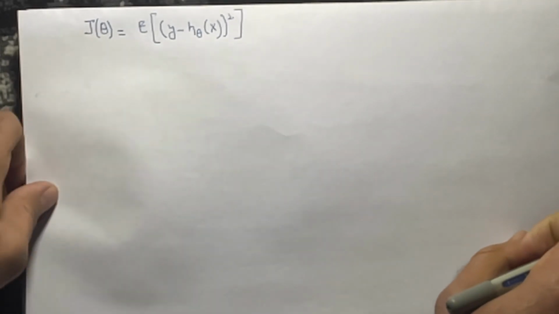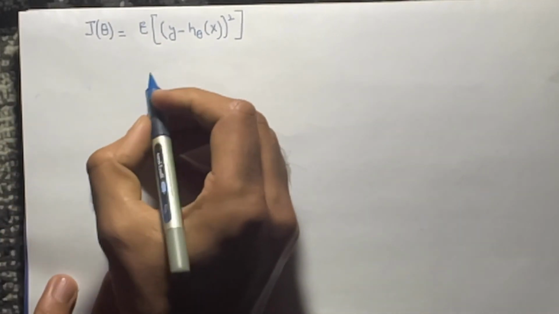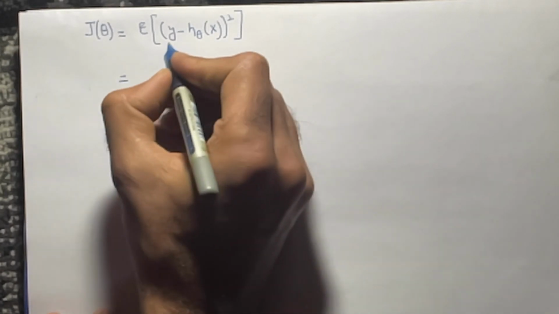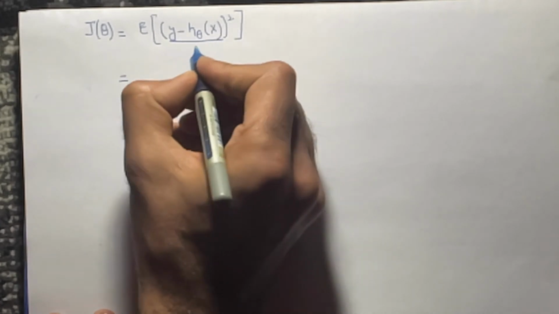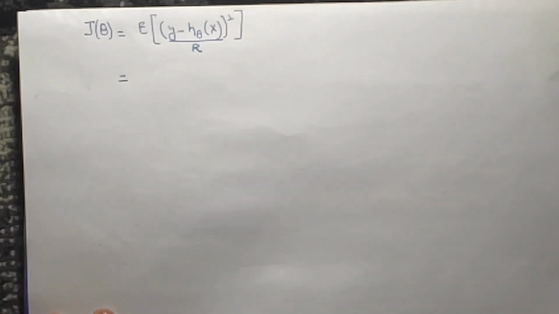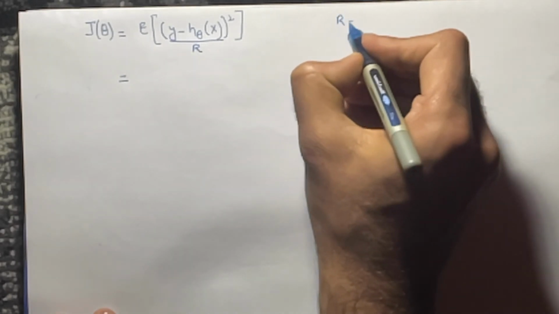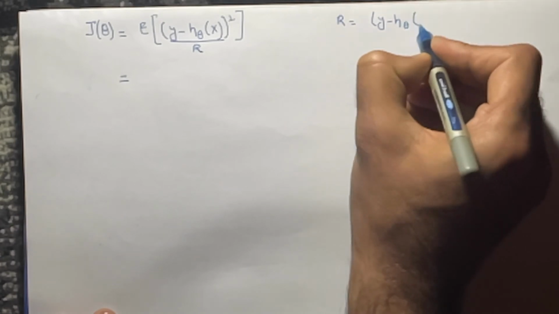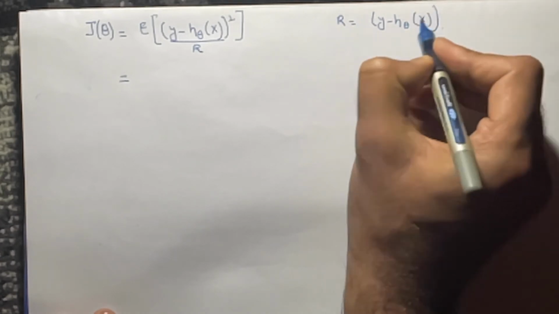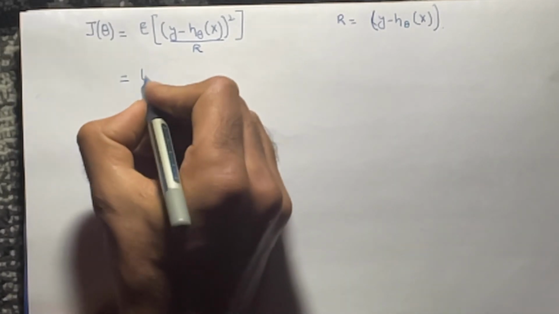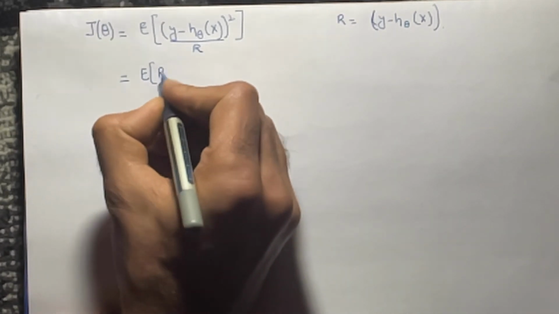Okay, or I can write it like this. This is equal to, let's say this is our x, let's rename it with r. What is r? R is y minus h theta x. So this is r. Okay, so this is also expectation of r square.